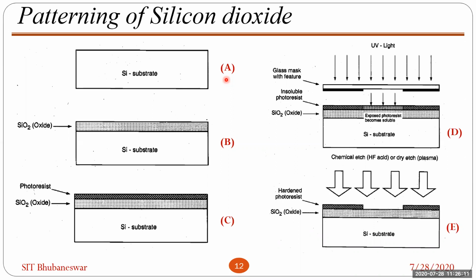Initially the photoresist material is insoluble. When the light falls on it, it will be soluble.